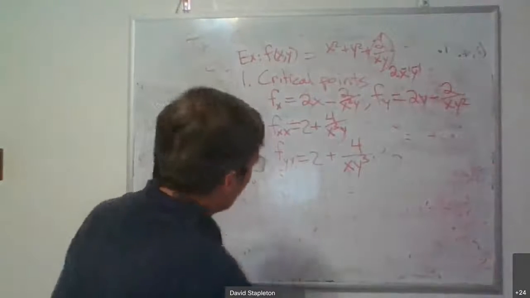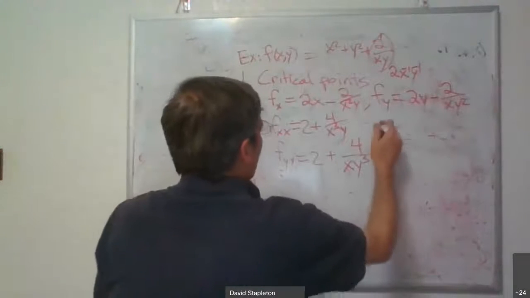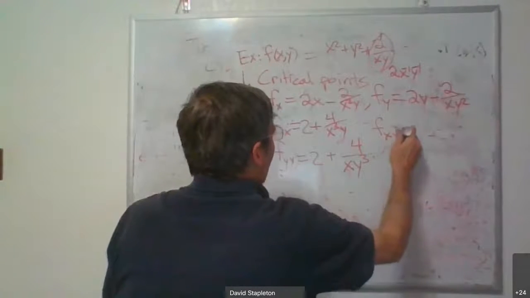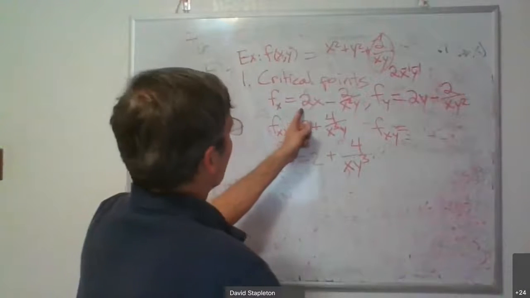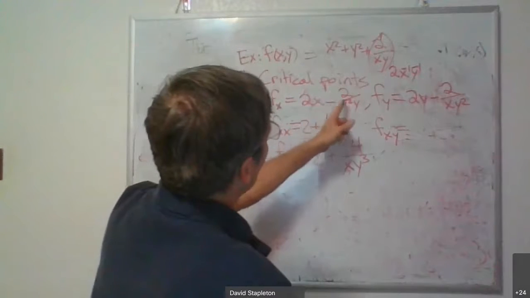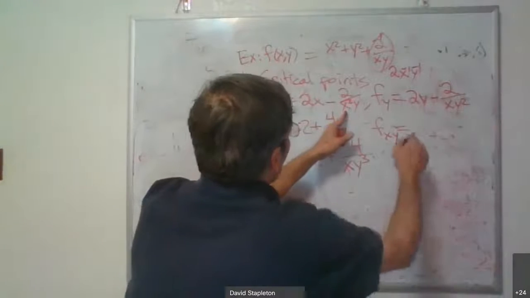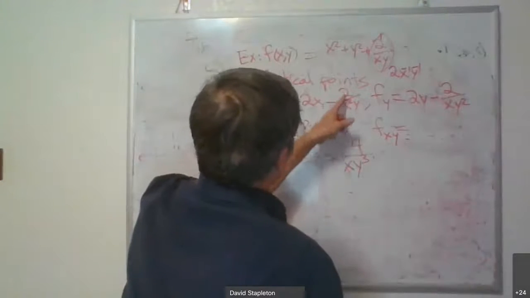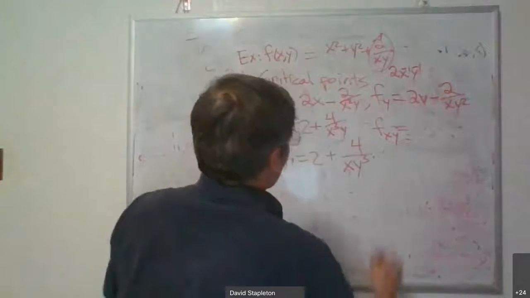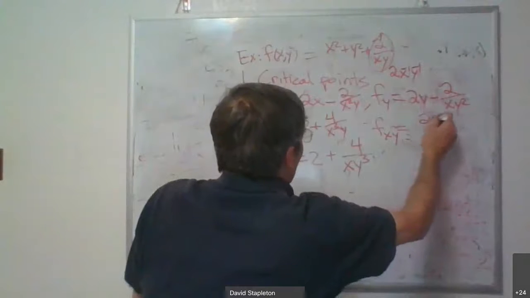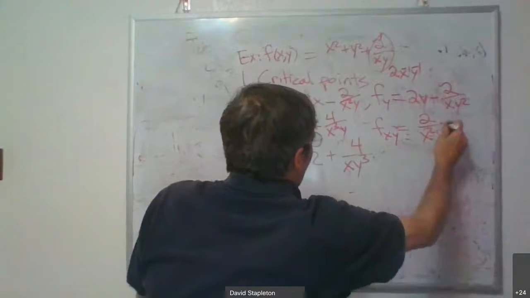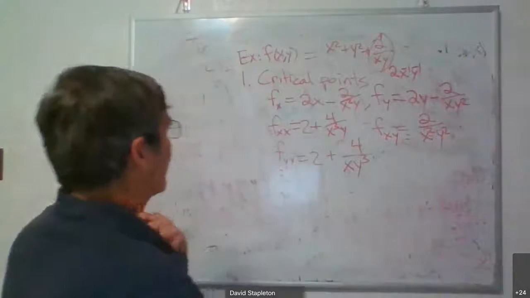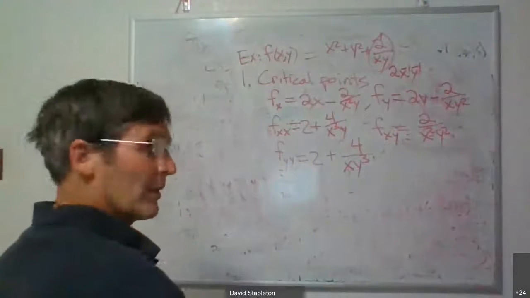And then I need the next one, fxy. So I take the partial of fx with respect to y: the derivative of minus 2 over x squared y becomes plus 2 over x squared y squared. There's fxy.